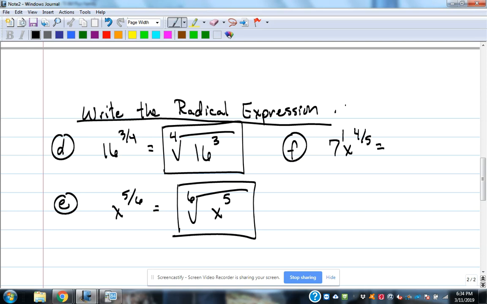It's got to have a fraction exponent to go into the radical expression. So that 7 is just going to hang out in the front. Well, he's not alone. He's pretty close. He's on the porch. What's the index on the radical? 5. And what's inside? x to the 4th. So that 7 is just sitting out there in the front, waiting for this to simplify, and then it'll multiply times it, whatever it turns out to be. Okay.